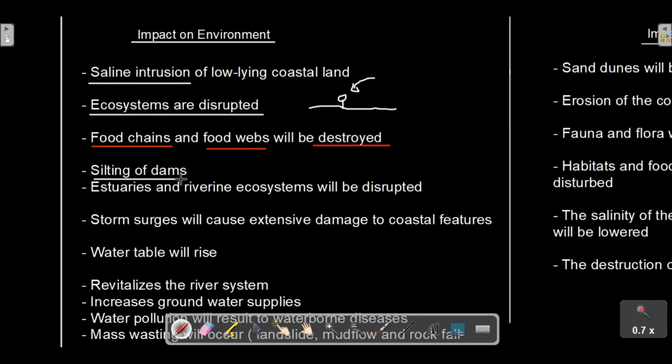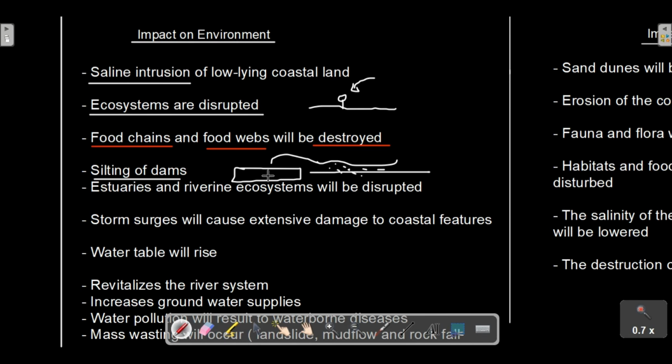The silting of dams. When it comes to the silting of dams, we mean that the dams now will have a lot of soil particles. Okay, because now there's flooding. Remember, flooding drags along soil particles with it, and so it dumps them into these dams, and hence contaminates them, okay, silting them.